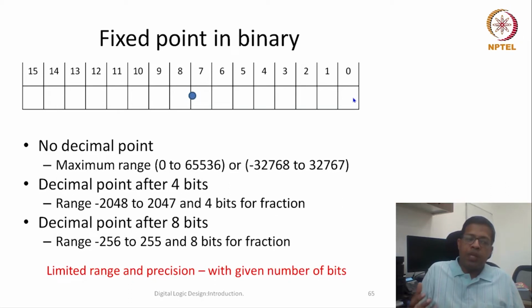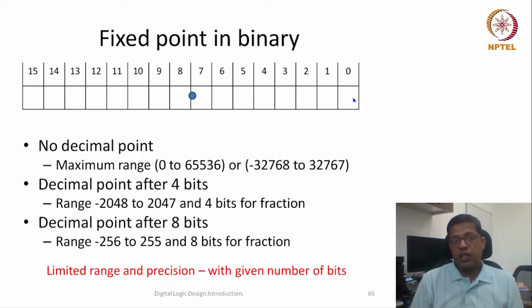So a fixed point format can give us faster computation, but with very low accuracy, because precision is very low. The number of bits that can be represented after the decimal point is fixed, that is the first thing. The other thing is that they are also limited and small in number.